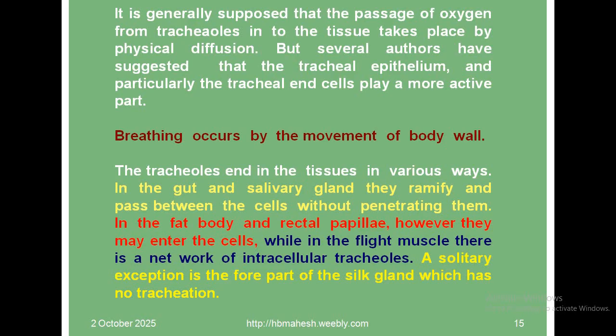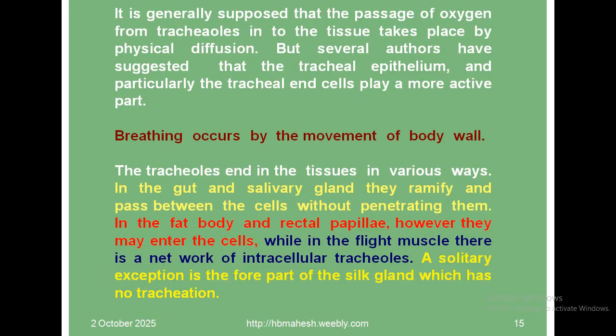In the fat body and rectal papillae, however, they may enter cells. In these the rate of metabolism is high compared to the gut, while in the flight muscles there is a network of intracellular tracheoles.